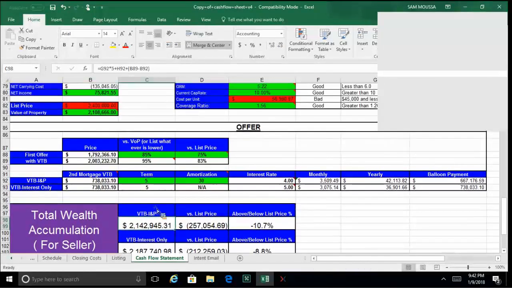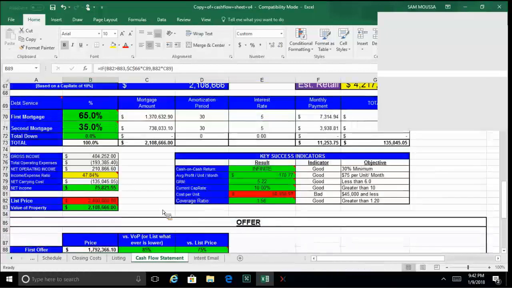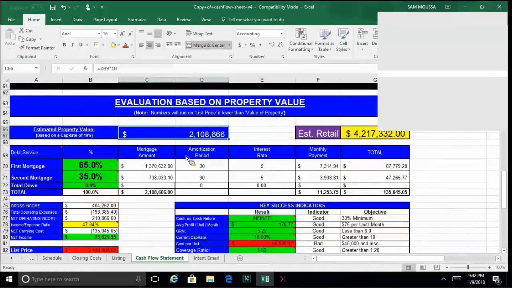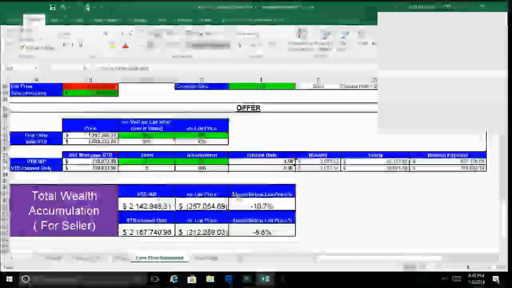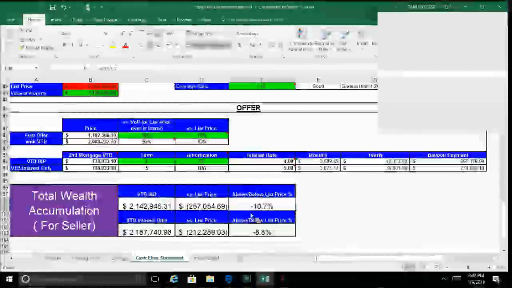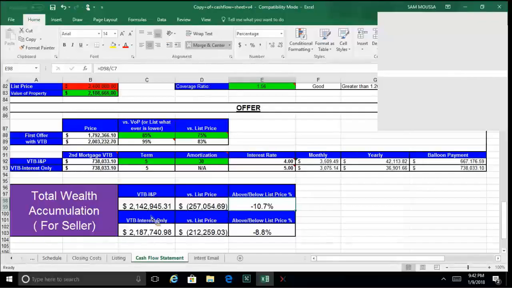So even though we offered $2,100,000, we're going to end up paying them $2,142,000, because of the VTB. It just gives you an idea to present to the seller of the total wealth accumulation, what they're going to actually make at the end of the deal.